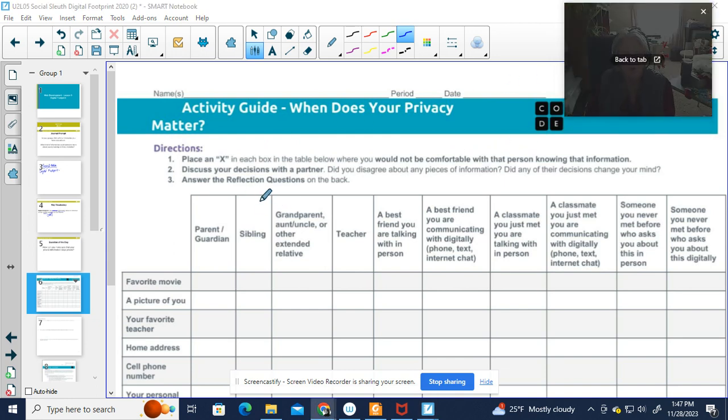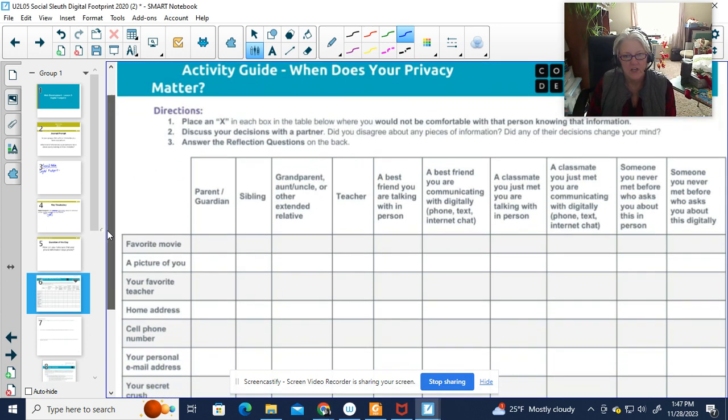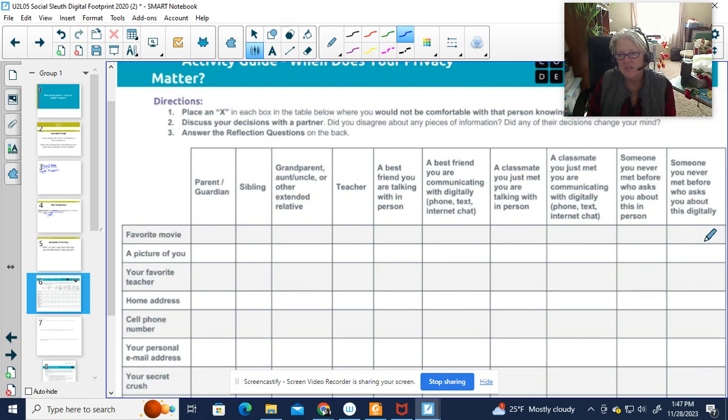Okay, so before we even get into the directions here, I want you to look across the top. These are various audiences, starting with a parent or guardian, sibling, grandparent, aunt, uncle, some other relatives. So we start with relatives. Then we kind of get into school. So you've got teacher, best friend, and then you have different situations with best friend.